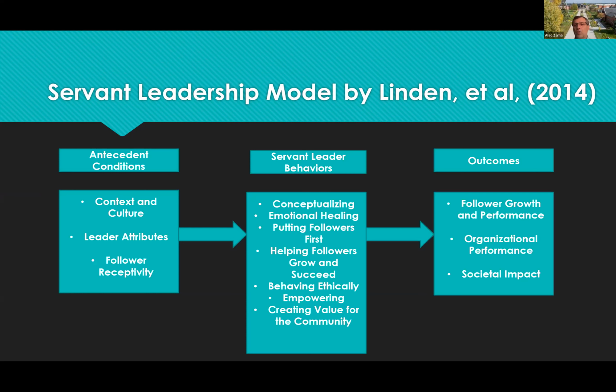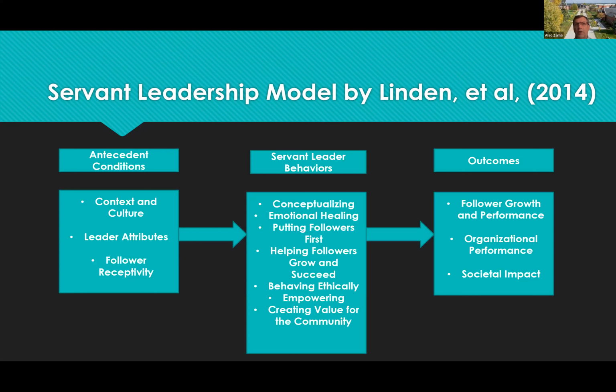then followers will have higher in-role performance, and not only in-role performance, but they will engage in extra-role performance, for example, organizational citizenship behavior. At the same time, followers would grow individually.